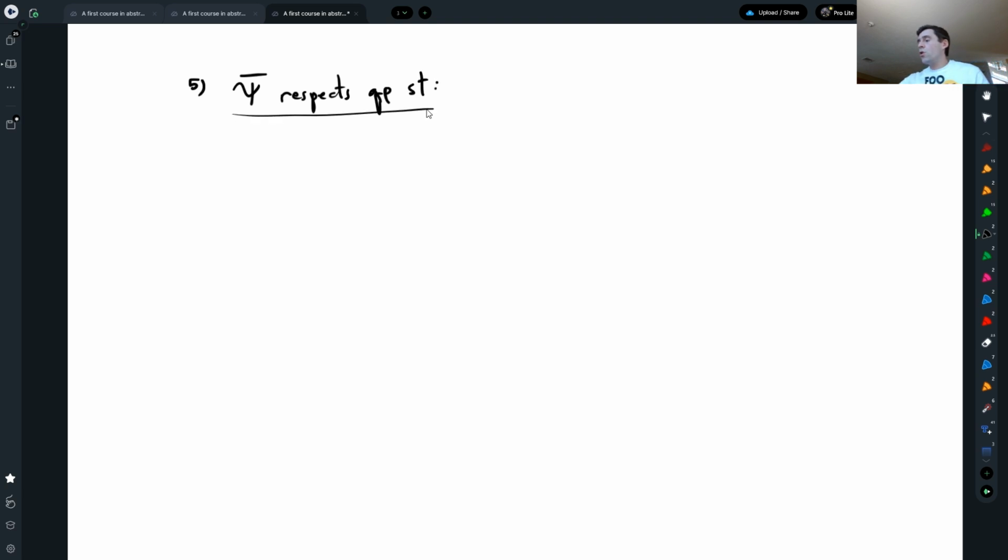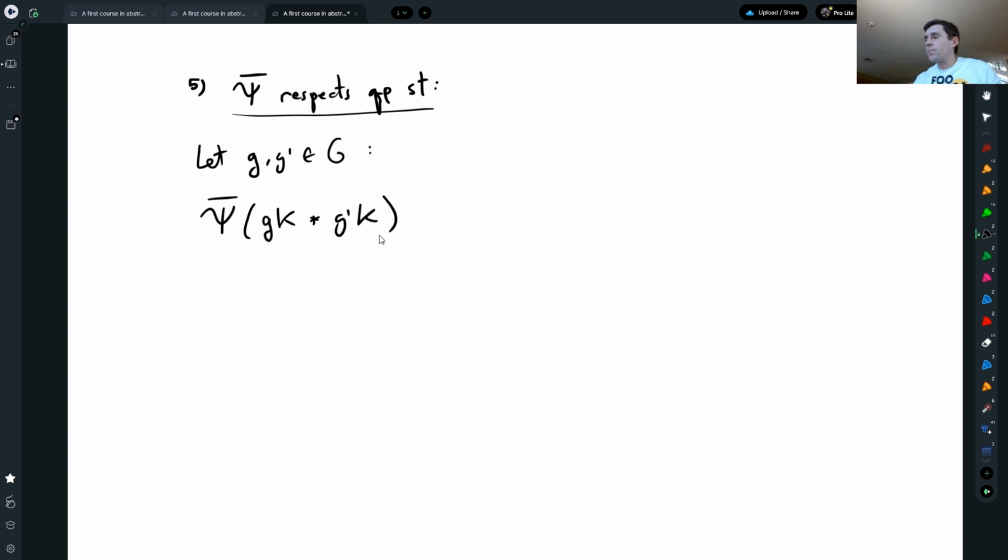So what I need to show now is, suppose I let G and G prime be arbitrary, then how much is psi bar of a coset times a coset? By definition of the product on the quotient group, the way we multiply cosets is just G G prime K.